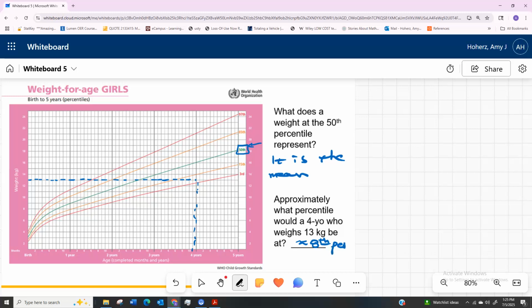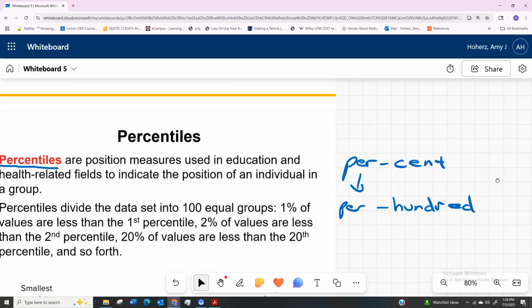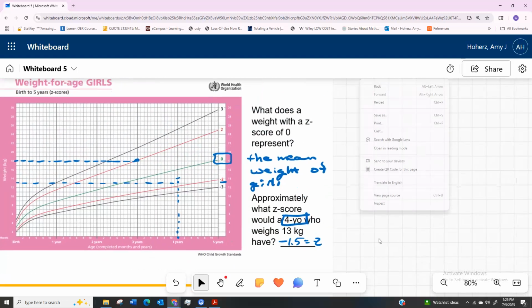And so this child, in this case, is measuring quite a bit under average. If you took 100 children, that child would only be taller than 8 of the 100 children. Again, if you compare that to our z-score, a z-score of negative 1.5 is quite a bit below the average.